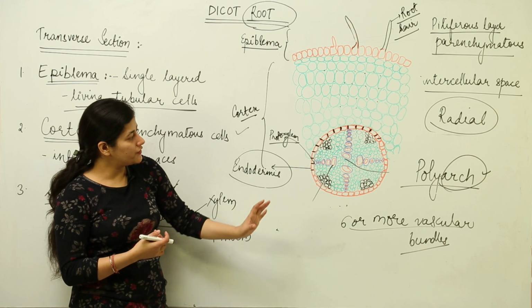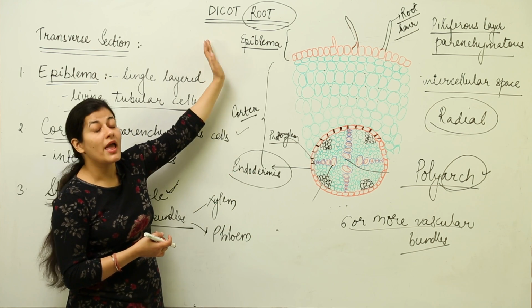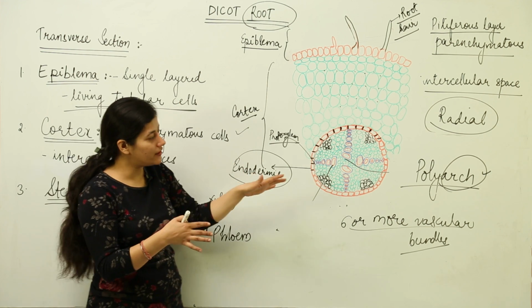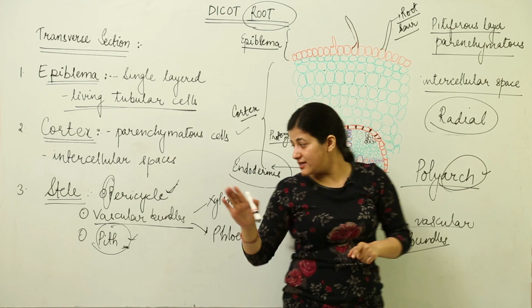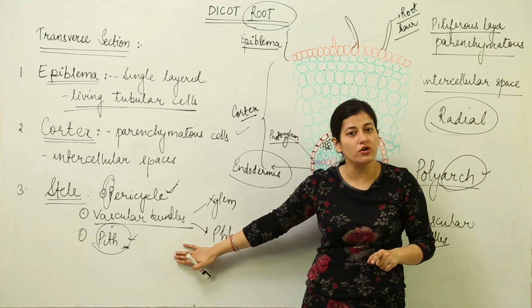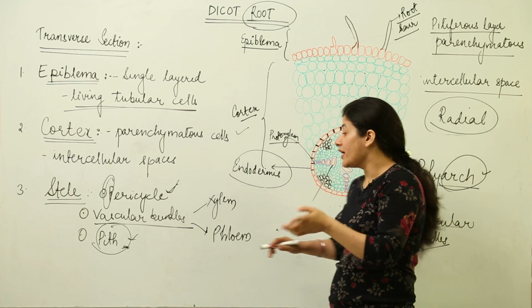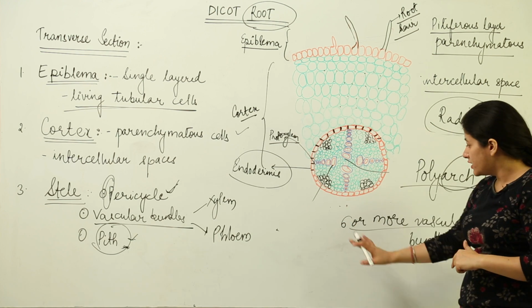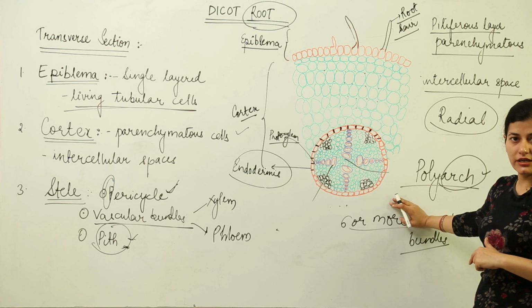So the 2 points of differences between a dicot root and a monocot root which you have to learn at this level is, first, that the pith is highly reduced in the case of dicot root, which would be different in the case of monocot root. And secondly, the dicot root does not have polyarch condition.